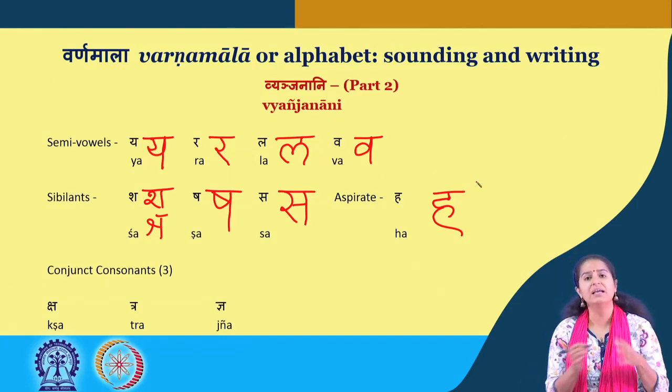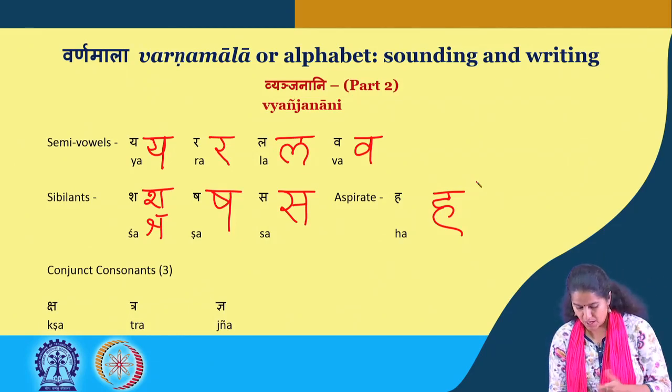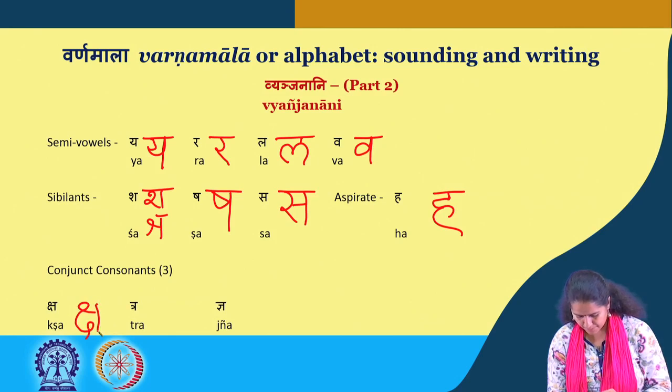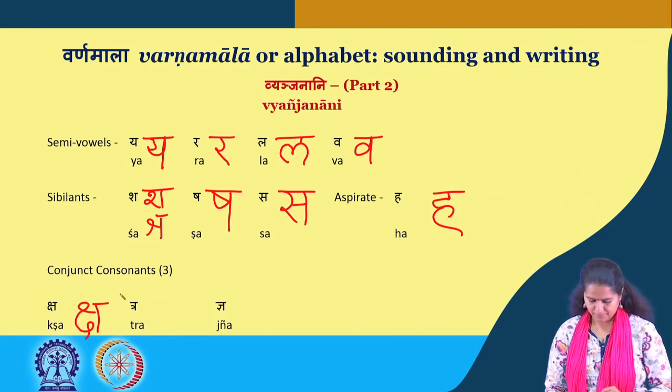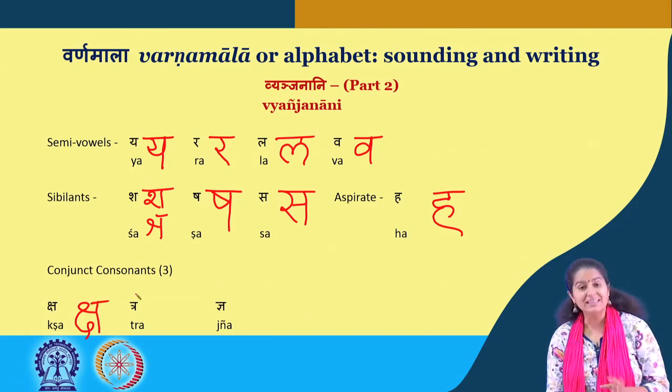And then we have the three conjunct consonants known also as samyuktaksharam. Samyukta, joint akshara, letters. So the ksh is again another beautiful one. So you start with a line like that, go across, down and tail and the T. I will just do the T again for you to try and get it straight. So that's a T. Okay, ksh. The ksh is a combination of k and sh.